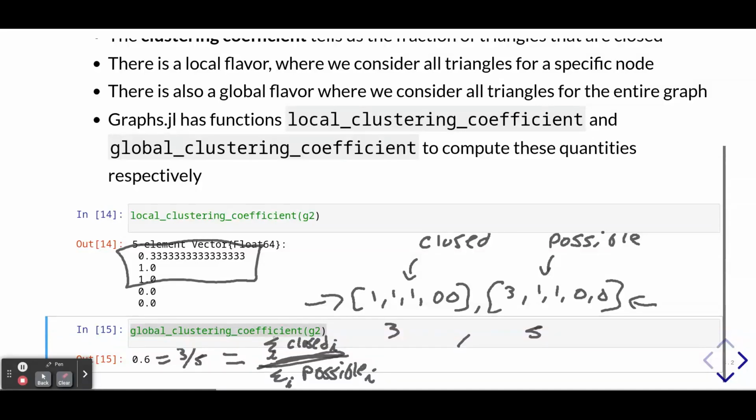And that's what we call the global clustering coefficient. It is a single number that represents how open or closed the graph is. As this number rises, what that means is that a higher fraction or ratio of the possible triangles in the graph are actually closed.